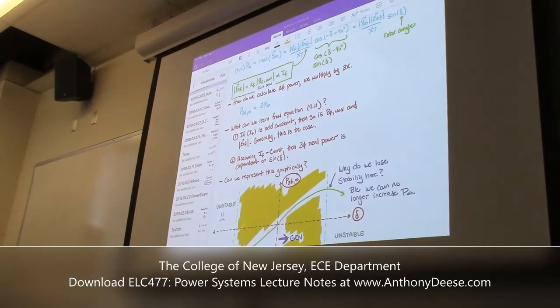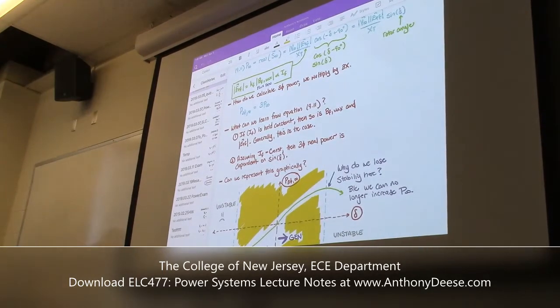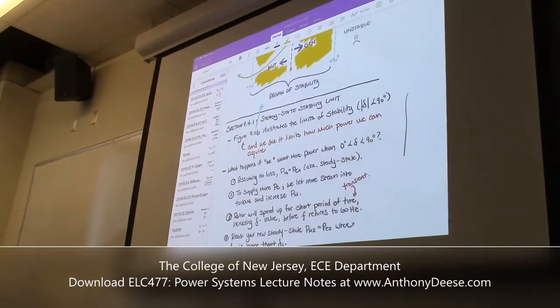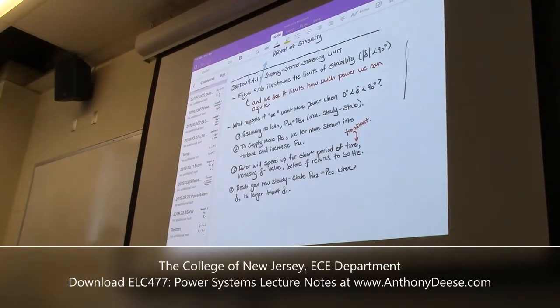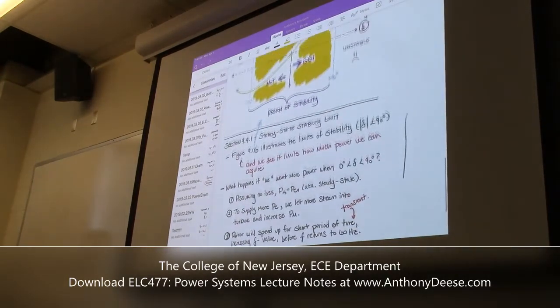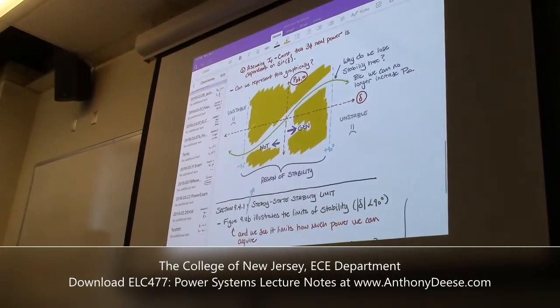And that makes sense when we take a look at how this graph, if we look at the slope, in essence, when we reach the instability, we're trying to increase the P gen or P load, depending on which end of the graph you're on.